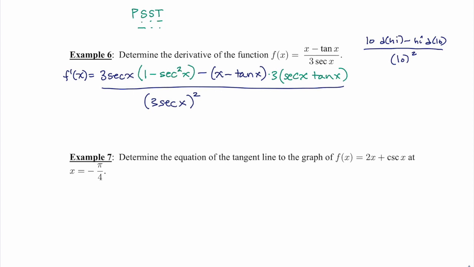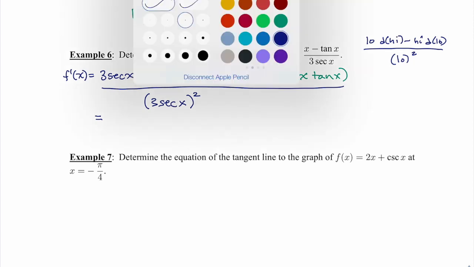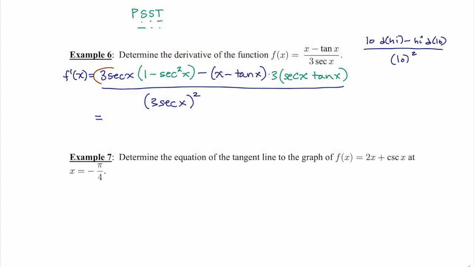All right, this one we can probably clean up a little bit because I can see there's actually a factor of 3 secant x in both terms of the numerator. So if I rewrite this, I could notice there's a 3 secant x right here in this first term, and there's a 3 secant x right there in that second term, and I have a factor of 3 secant x in the denominator.